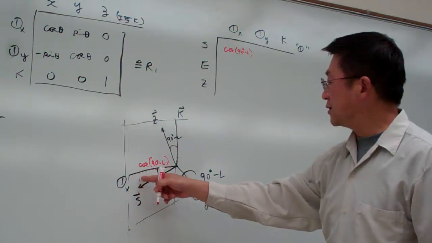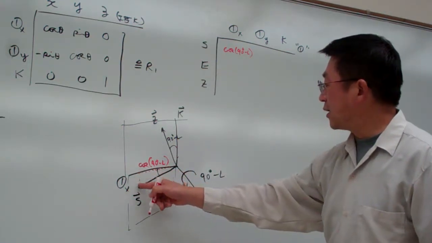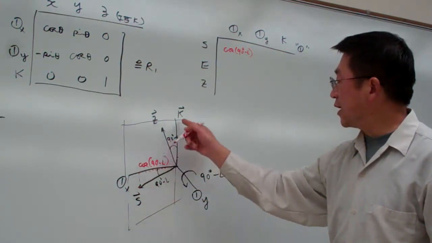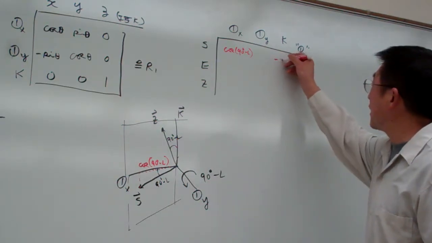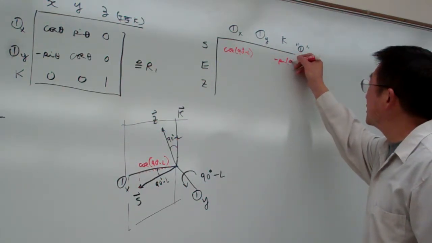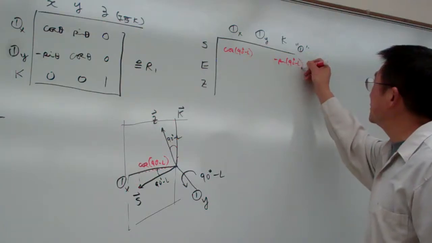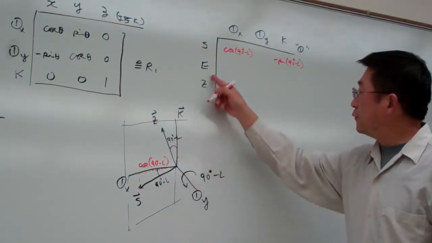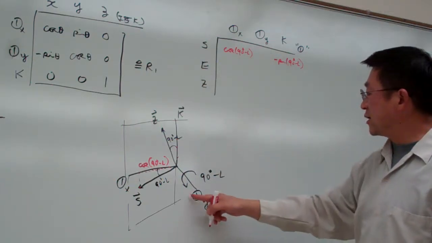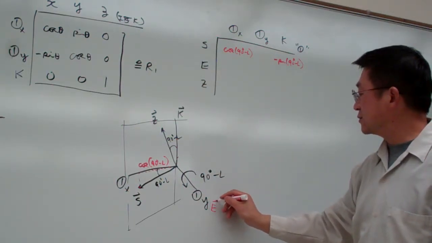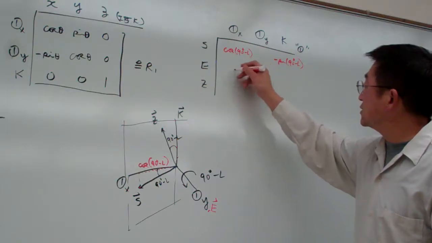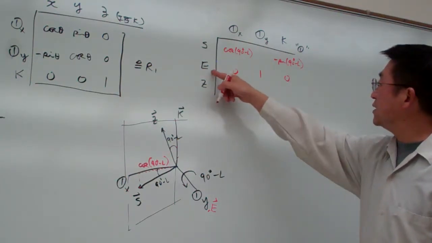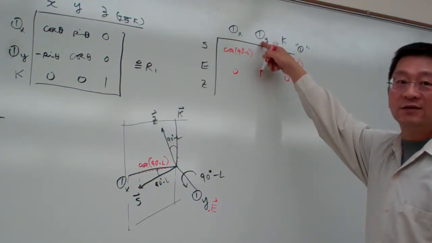And this amount is sine of this angle, and in negative k, so that is minus sine of 90 degrees minus L. Okay? And for the y-axis aligned to our e-axis, that is 0, 1, 0, because the e-axis equals the j axis, and that is the reading.